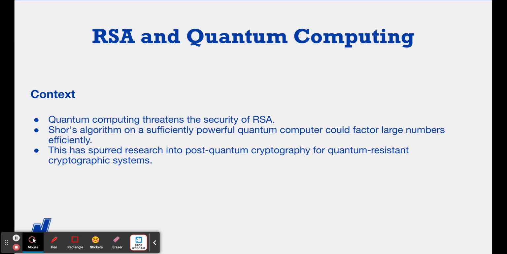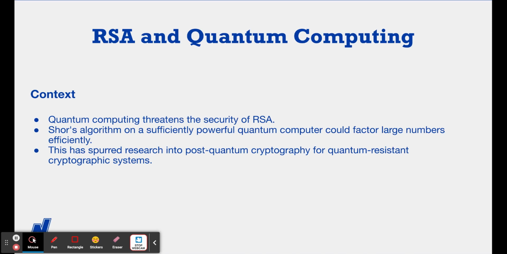Next, we're going to be talking about something more theoretical. One interesting discussion surrounding RSA in recent years is the potential threat posed by advancements in quantum computing. Quantum computers, once they're fully developed, could potentially break RSA encryption.